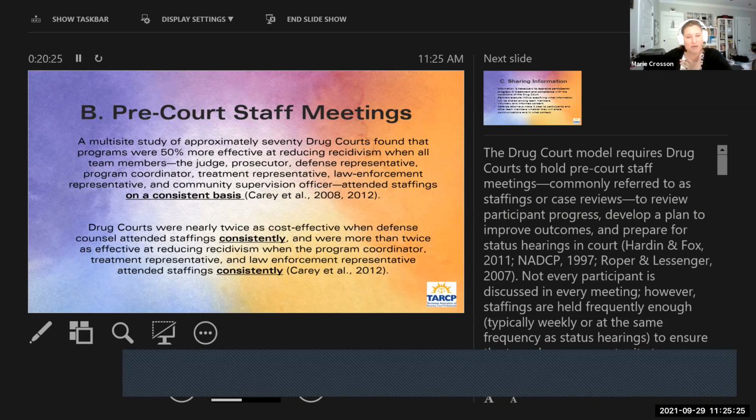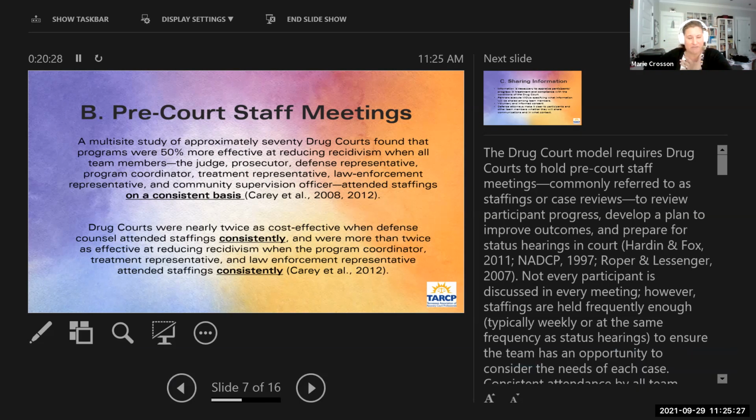And I think this is pretty important because I also see this on teams where, yes, you have MOUs, and yes, the prosecutor is on the team, and yes, law enforcement is on the team, and yes, you even have a judge. But when you start interviewing team members, because I interviewed team members across the country, it comes out that, in fact, the prosecutor is hardly there, or the judge is really gone a lot, or the report out for treatment ends up being the coordinator.